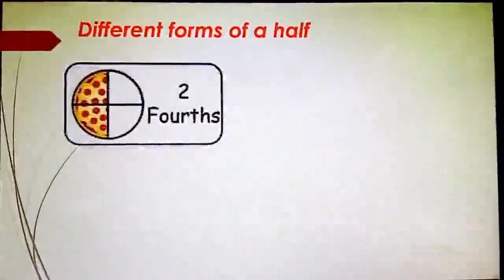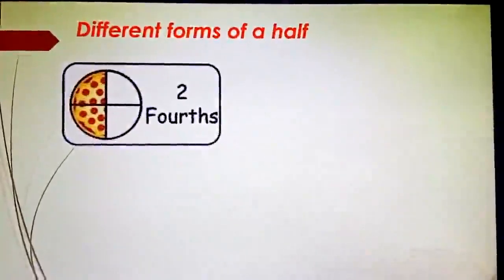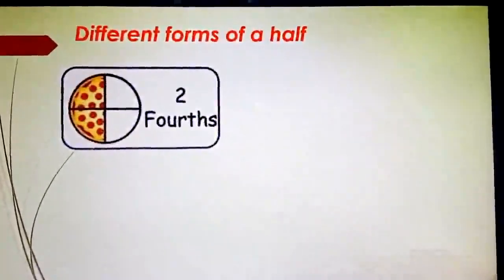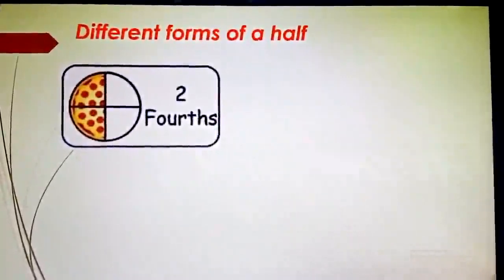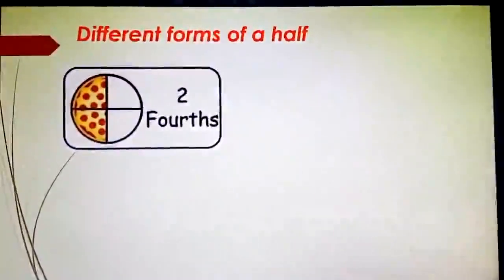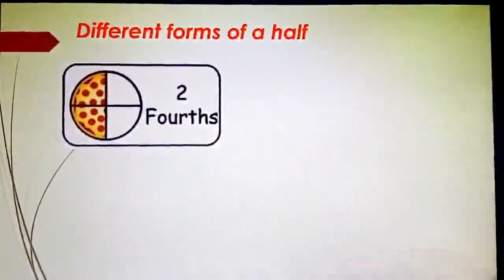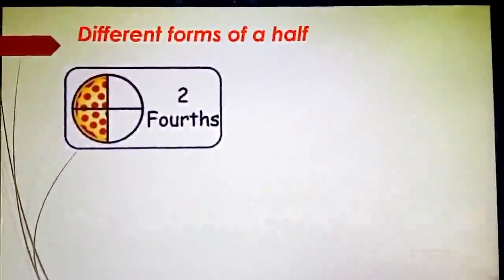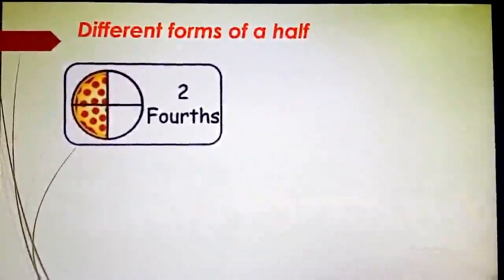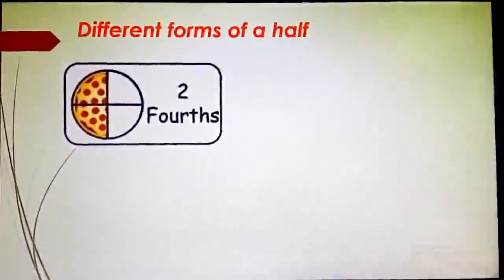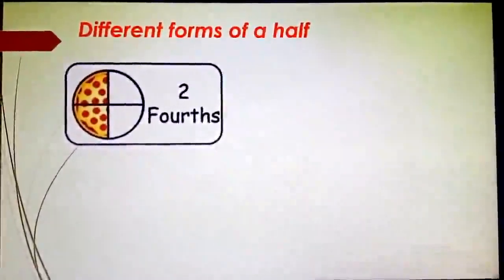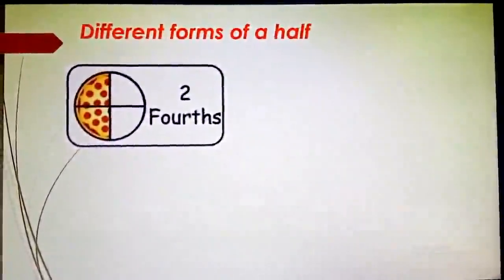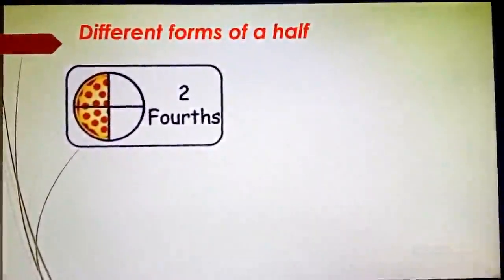Different forms of half. Here we can note that the pizza is divided into 4 equal parts. So the total parts are 4 parts. And we will eat 2 parts. So we have to take 2 from 4 parts.